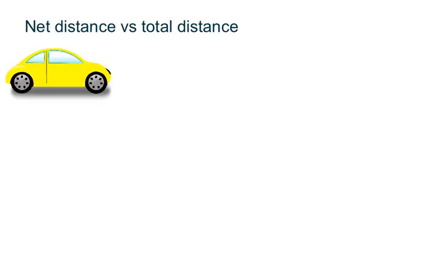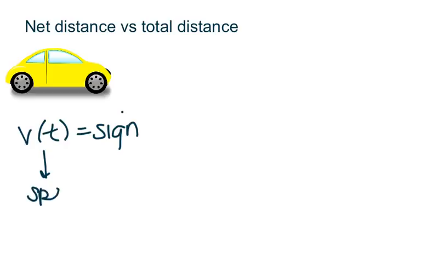So, in calculus, velocity, and this is a physics concept too, has a sign because velocity is a measure of speed and direction. If you've taken physics, you've probably talked about that.